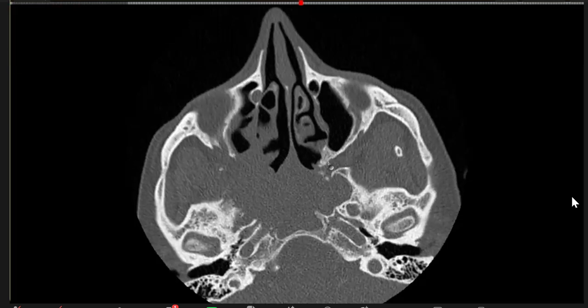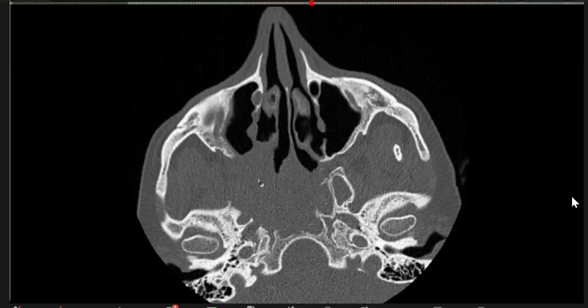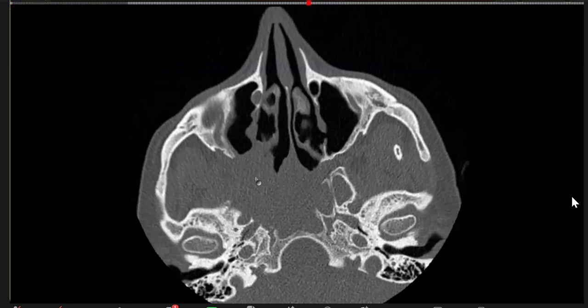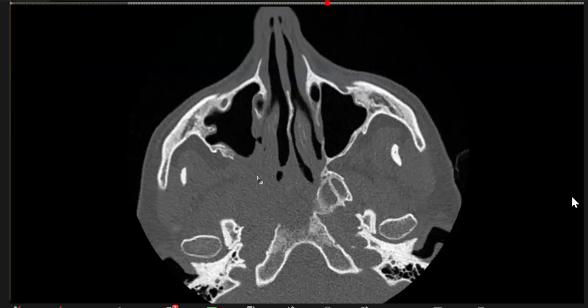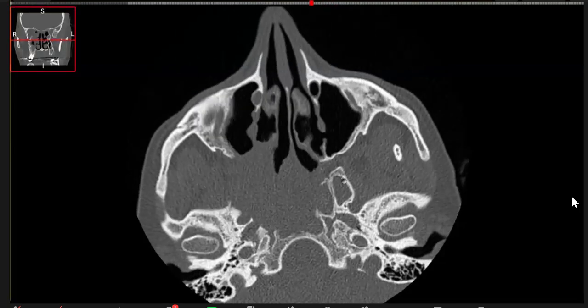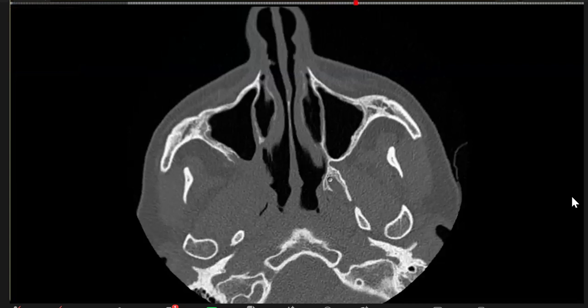Now, this is the pterygopalatine fossa on this side, and on the other side, you can see it is completely eroded or involved by the lesion. Now, as we go inferiorly, on this side, we can see these are the pterygoid plates.